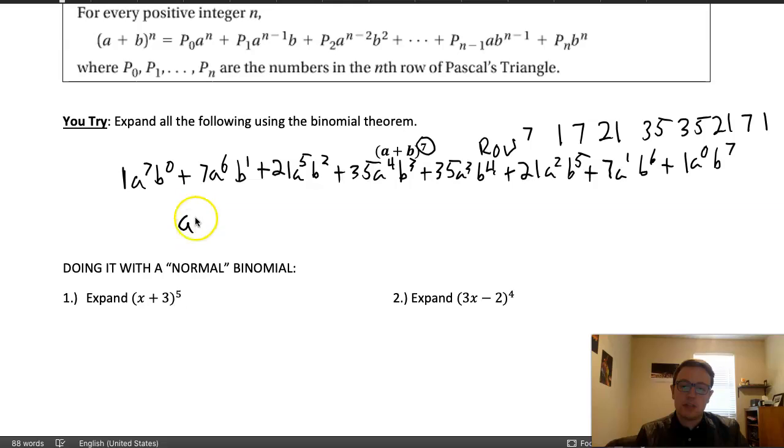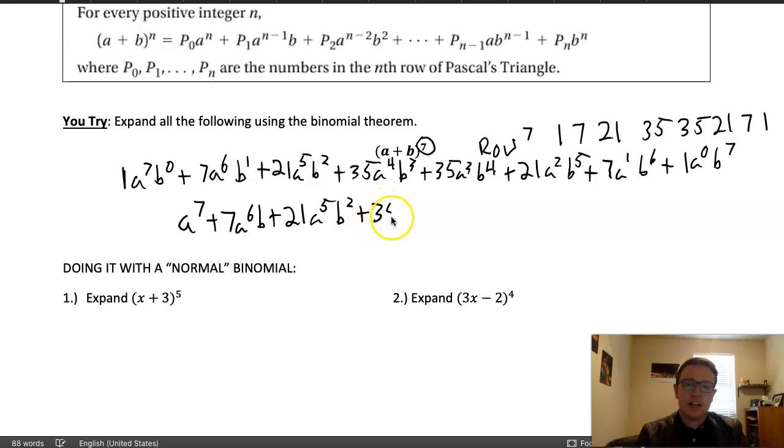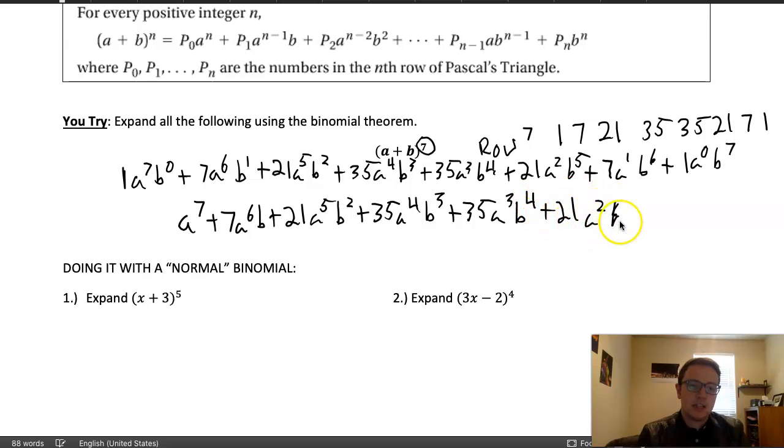So in the reduced form, this would be A to the 7th plus 7A to the 6th B, plus 21A to the 5th B squared, plus 35A to the 4th B cubed, plus 35A cubed B to the 4th, plus 21A squared B to the 5th, plus 7A B to the 6th, plus B to the 7th.